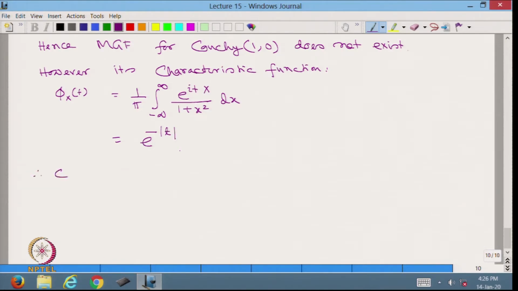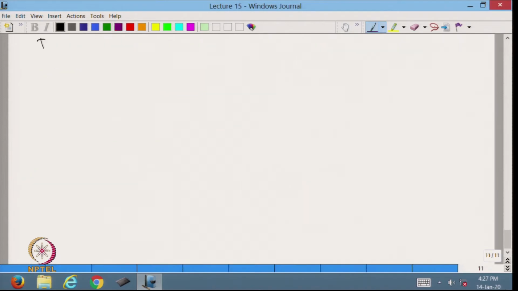Therefore, the characteristic function exists, although its moment generating function does not exist. Properties of characteristic function.